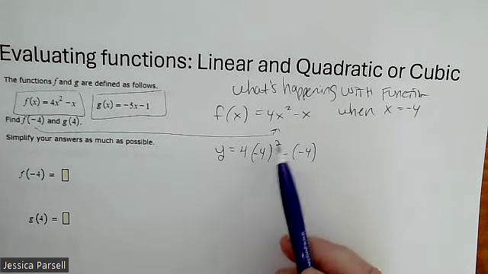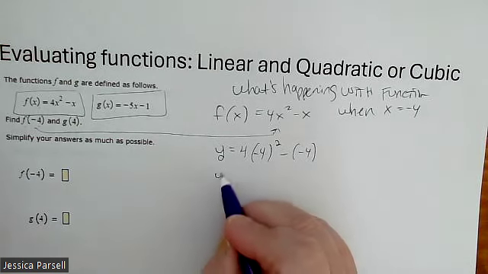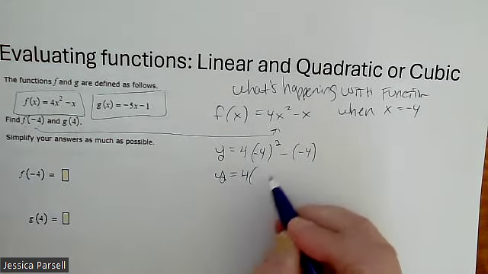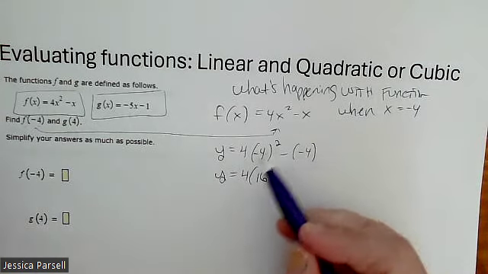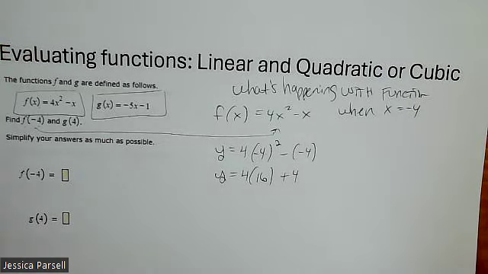So we're going to take care of -4 squared first. So -4 times -4 is 16. So this turns into y equals 4 times 16. Two minuses touching become an addition. Okay. Next up, we need to multiply 4 times 16 and then add 4 to it. All right.